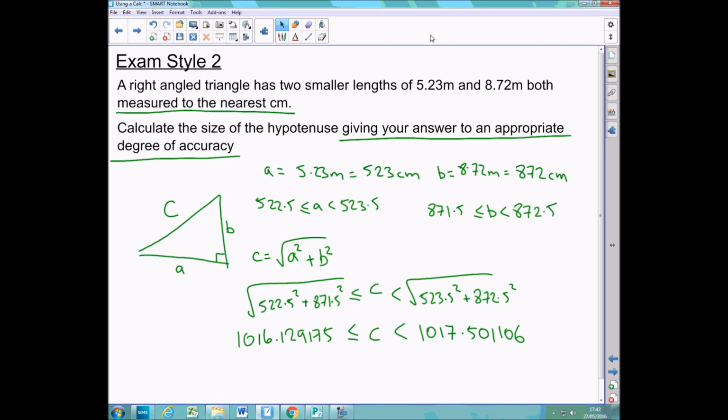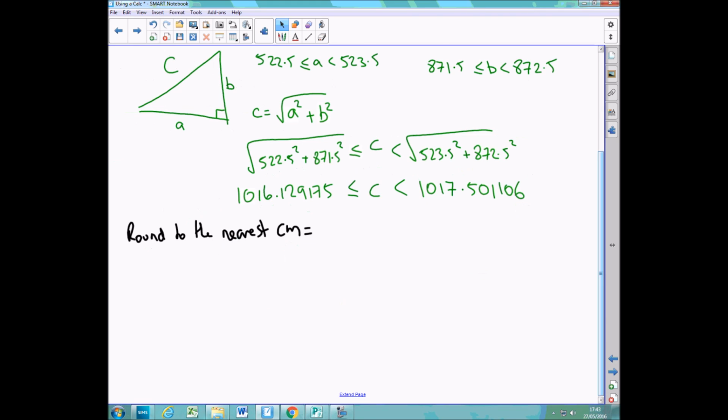Now, I did this intentionally because this is where we're going to give our answer to an appropriate degree of accuracy. What we need to do here is pick a level of rounding that will give me two answers that are the same. So here, hopefully, you will see that if I round to the nearest centimetre, I get an answer of 1016 for the lower bound, but I get an answer of 1018 for the upper bound.